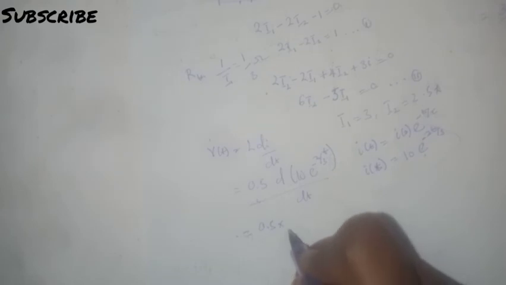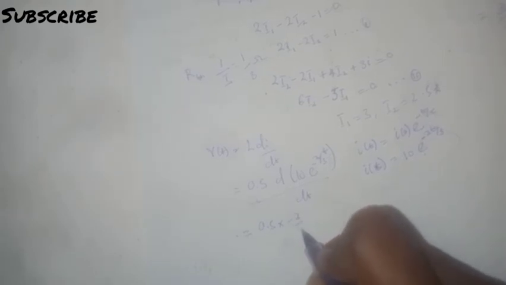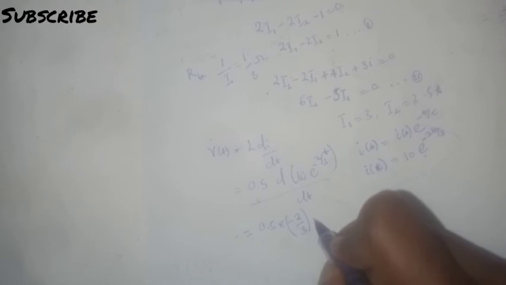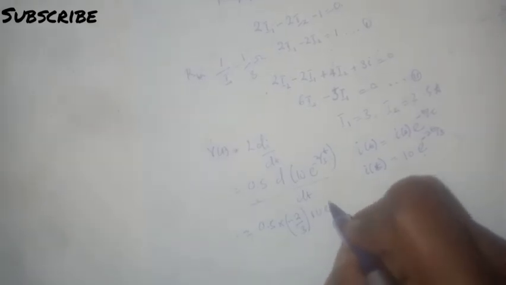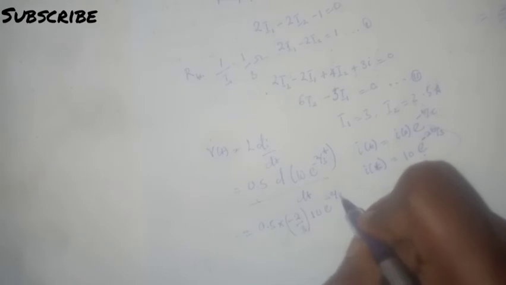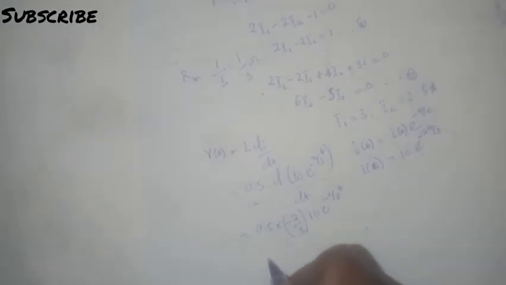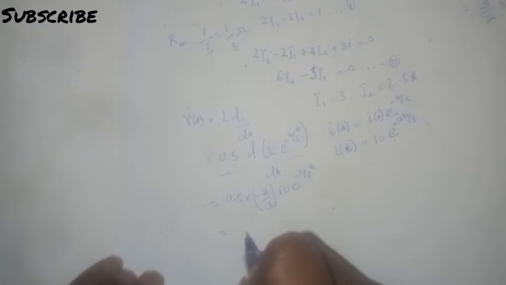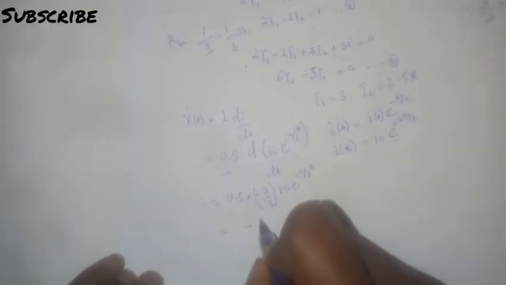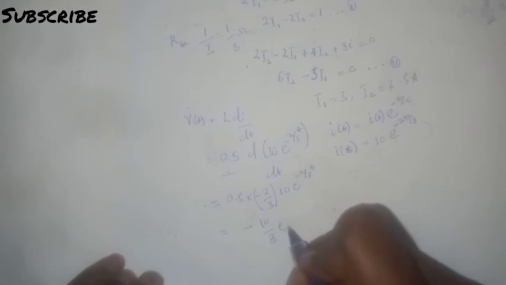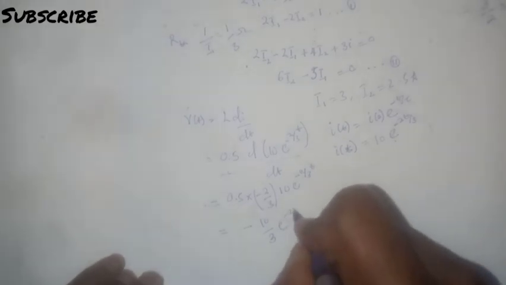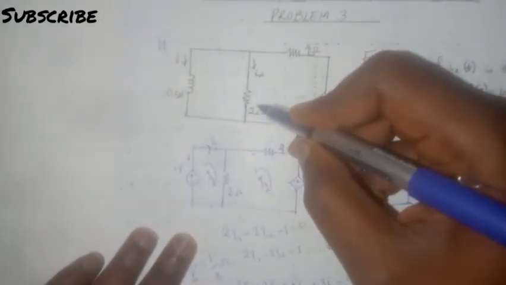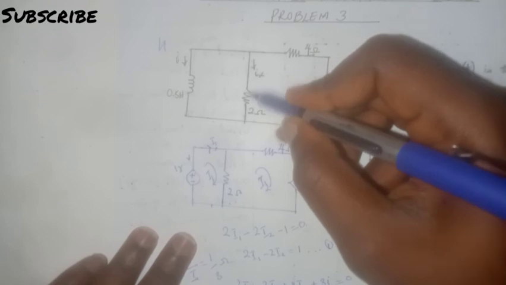That would give us 0.5 multiplied by minus 2 over 3 times 10 e raised to power minus 2 over 3 t. And with that, we know that the voltage is going to be minus 10 over 3 e raised to power minus 2t over 3. We can then just proceed to find the value of ix by using Ohm's law to divide by 2.